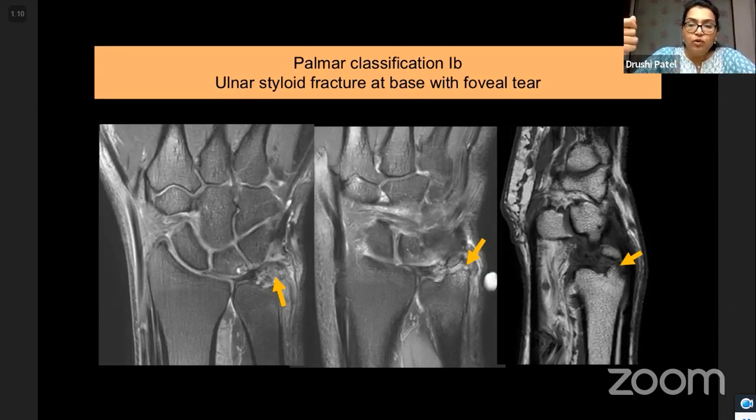When there is an avulsive force ripping the bone from the native bone, then the ligament is not going to be injured. So when there is an avulsion fracture at the styloid base, the styloid attachment is usually going to be intact, whereas the foveal attachment being inserted in that region is more likely to be injured. And here you can see there is associated marrow edema and the foveal tear.